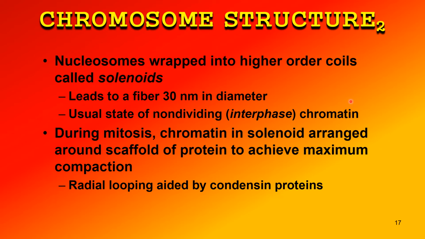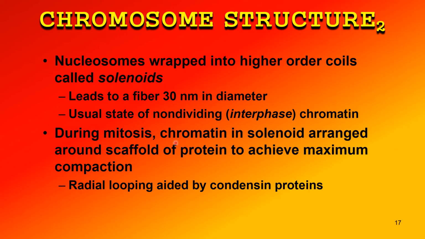So it's just this loose mass of chromatin. It's only when the cell is actively dividing that the chromatin condenses, and that's when you see these X-shaped structures that we call chromosomes.